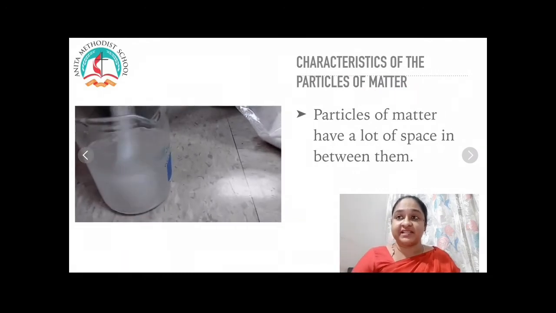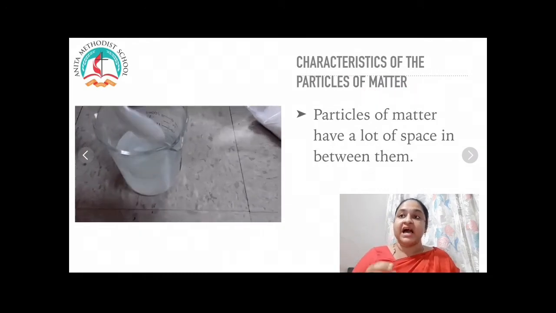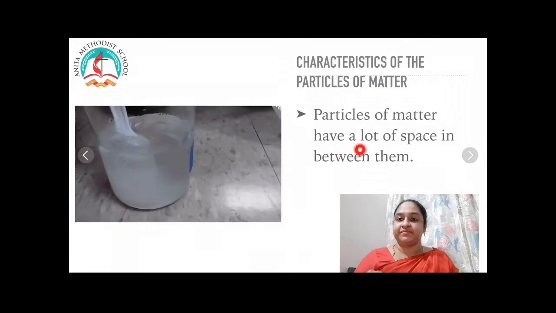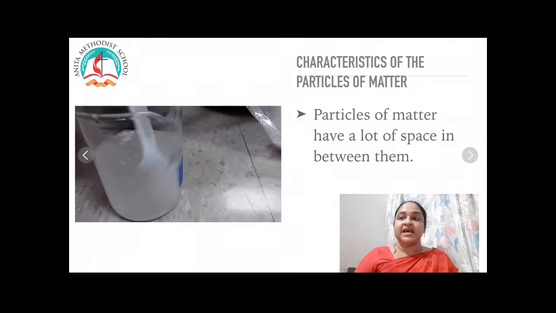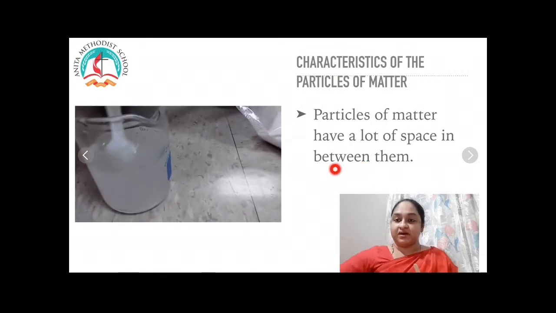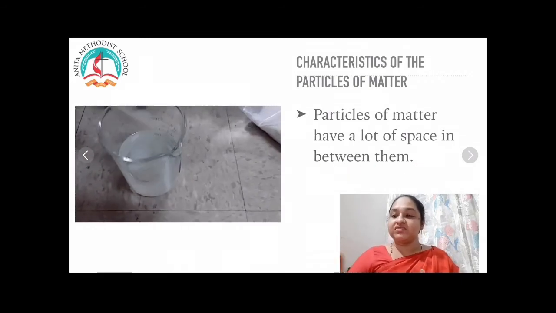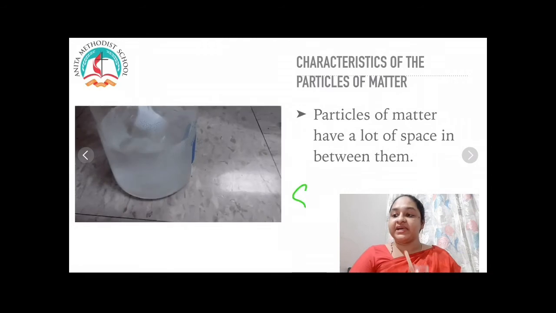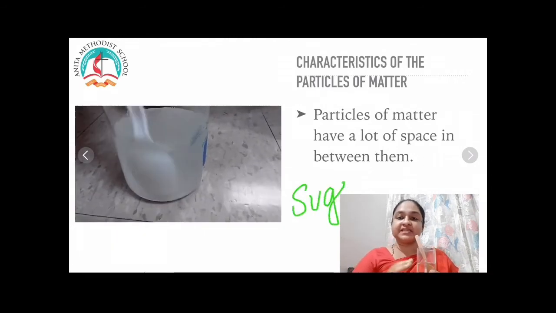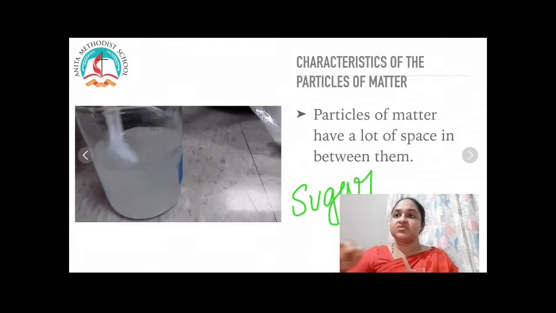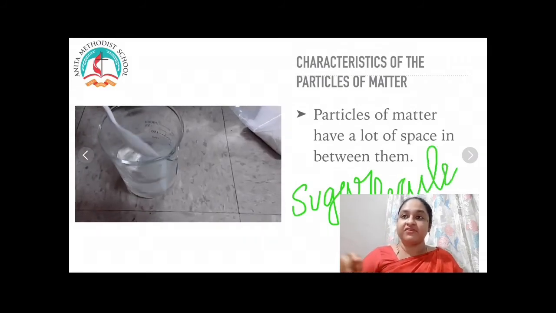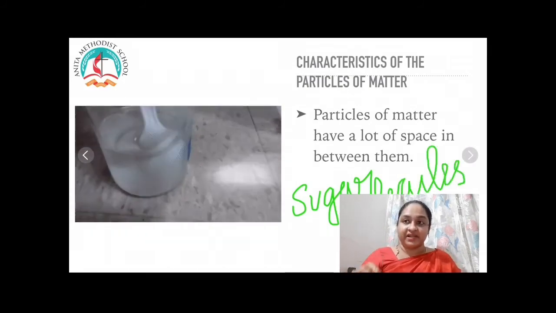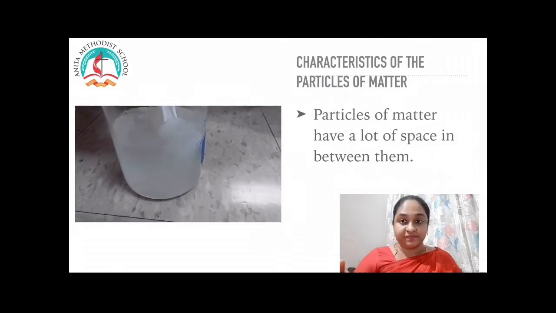We understand that particles of matter have a lot of space in them. So water has a lot of space in between, and the molecules of the sugar have occupied the spaces in between.